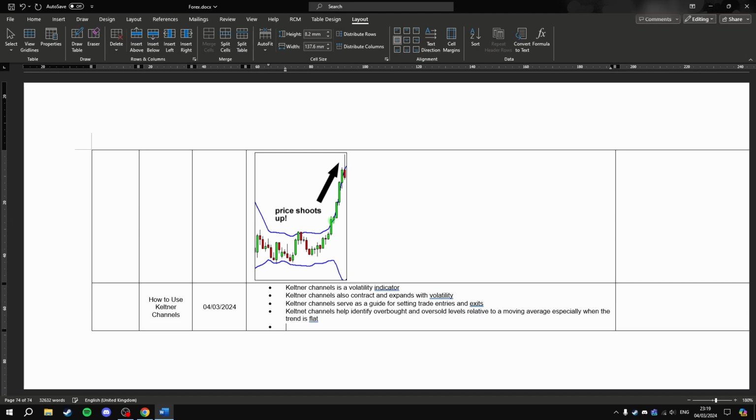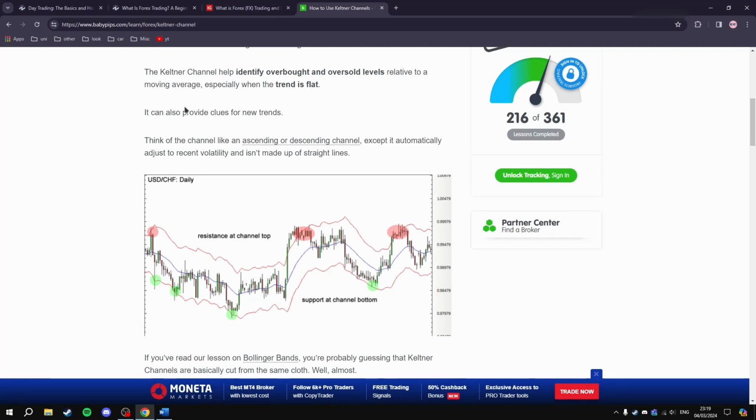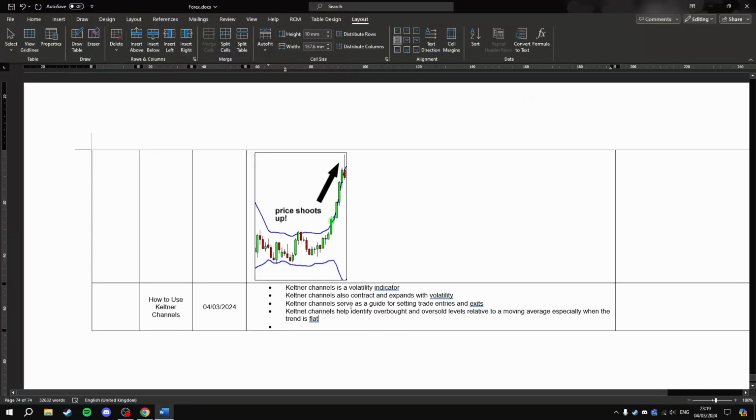So when there is no trend, basically. It can also provide clues for new trends.